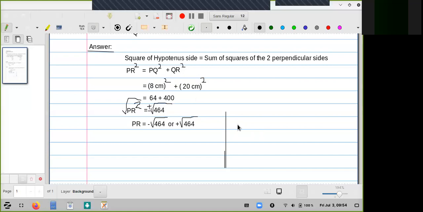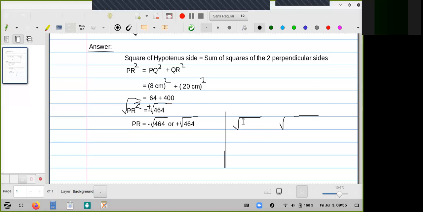So we are going to write the square root of 464. We factorize it and write it as a product of its factors, one of which is a perfect square, the other a non-perfect square. At times you may find that the number does not have a perfect square factor, and then that's your final answer.